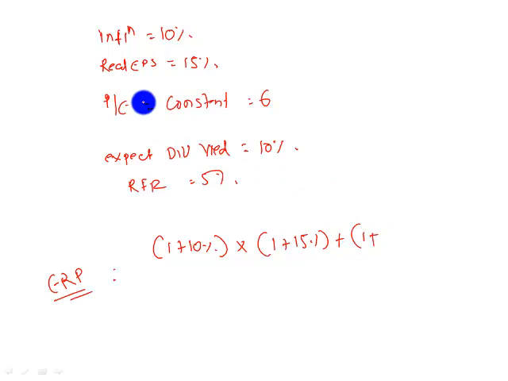Expected growth in price earning ratio, should I say 1 plus 6%? No, this is going to remain constant. This is extra data, irrelevant.